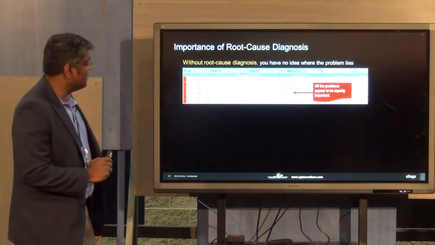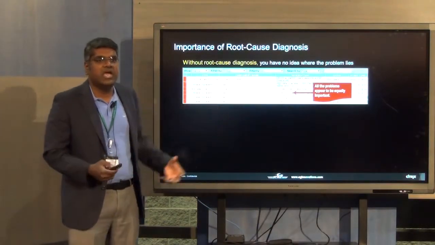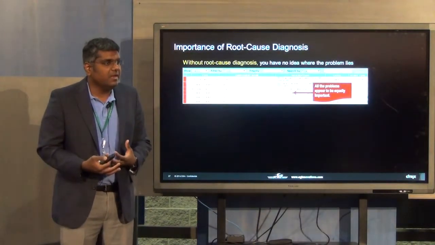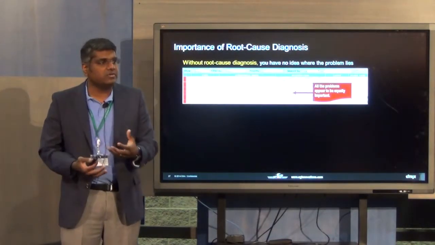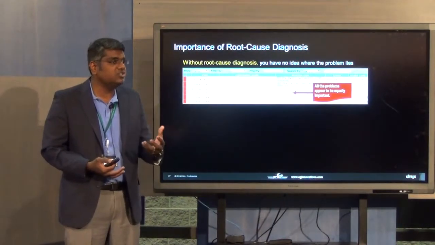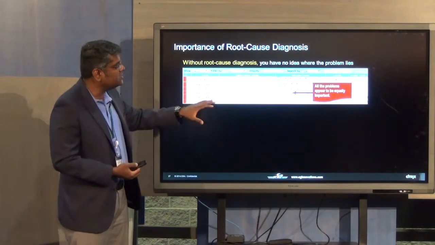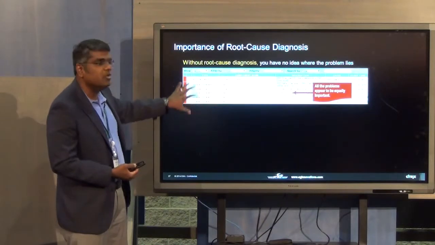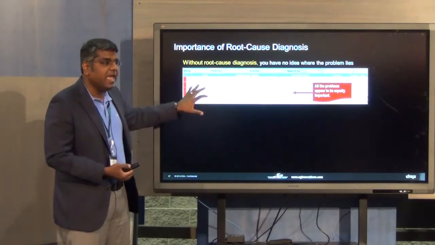The importance of root cause diagnosis. When you use the API and collect all these statistics, you have this rich data store that tells you about performance across your infrastructure, on the Citrix, across your applications, across your user experience. But if you don't have intelligence running on top of it, you're essentially looking at a bunch of metrics. Anybody can collect metrics.